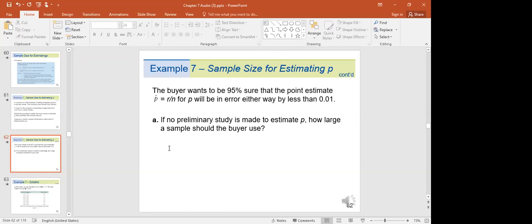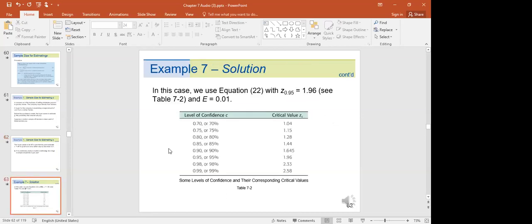If no preliminary study is made to estimate P, how large a sample should the buyer use? To do this computation, we need ZC, which is 1.96 for 0.95. You can see it here for 0.95, ZC is 1.96.